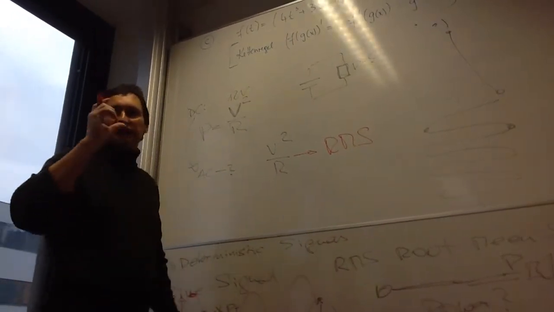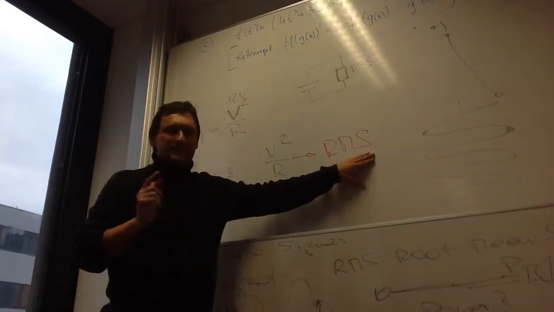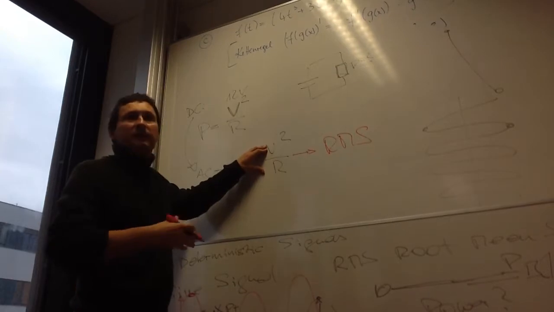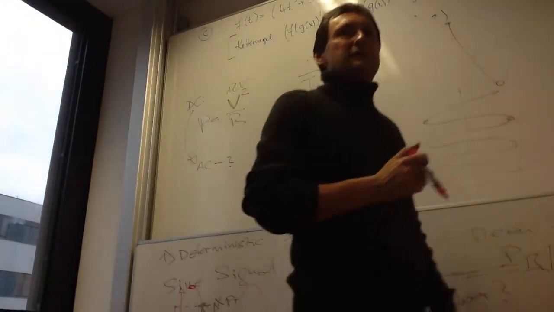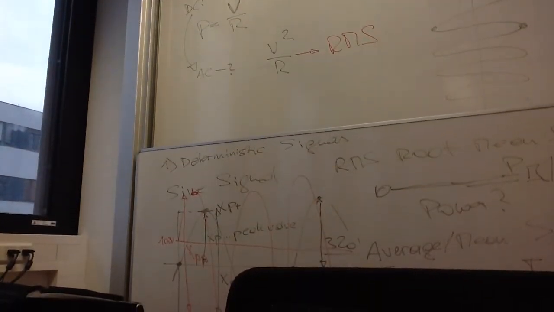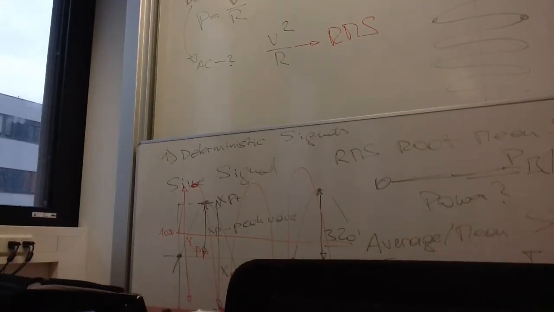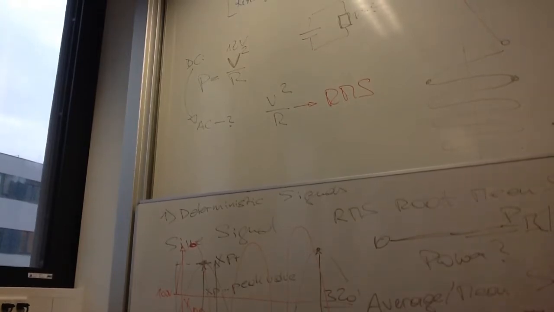If you know the RMS value of your signal, you put it in the formula and get the correct readings for the power. So if we talk about power, you always have to use the RMS reading of your signal. That's the fundamental importance of the RMS value.